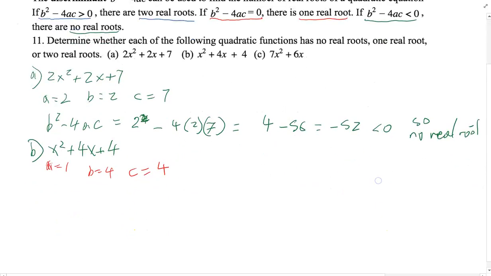So then b squared minus 4ac equals 4 squared minus 4 times 1 times 4, and that would be equal to 16 minus 16, which equals 0.